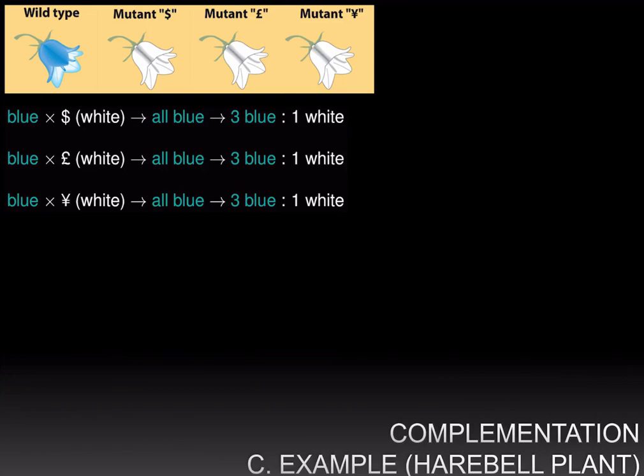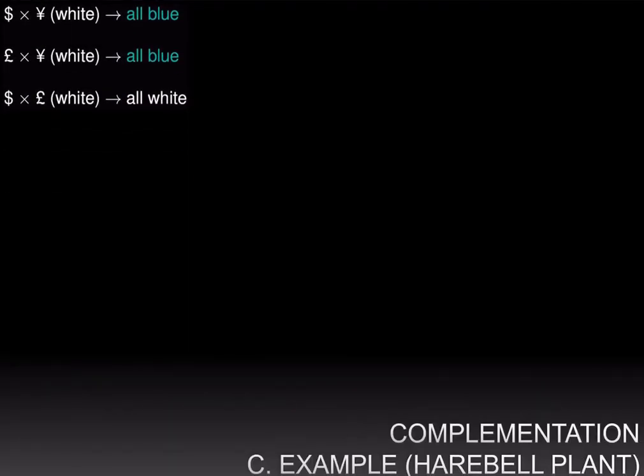And what that tells us is that wild type is dominant. In the next step of the analysis, we perform complementation, where we take two mutant strains and cross them and look at the phenotype of the progeny.